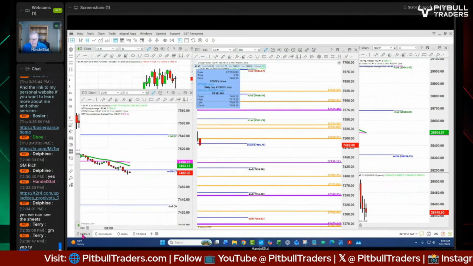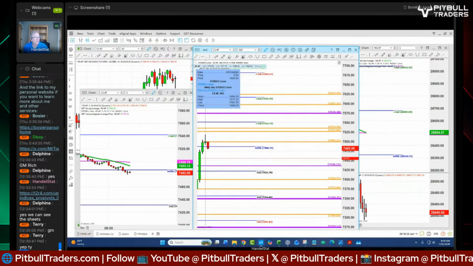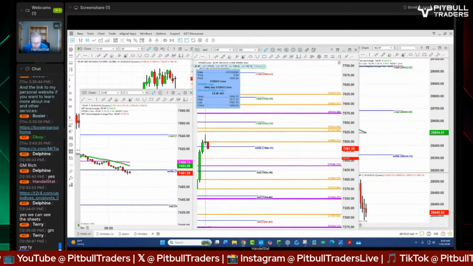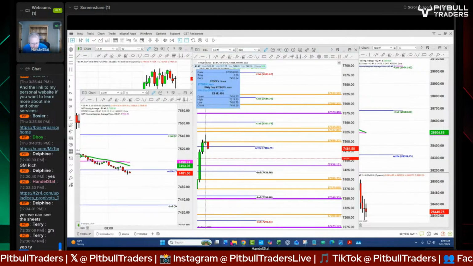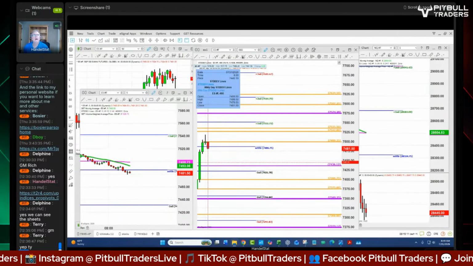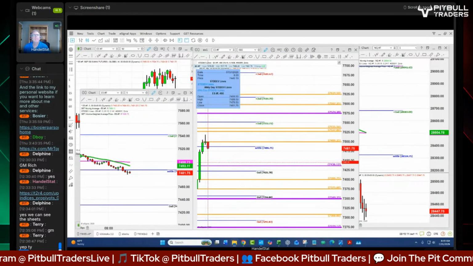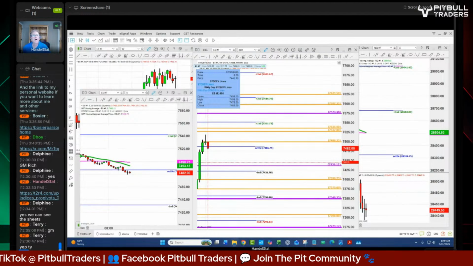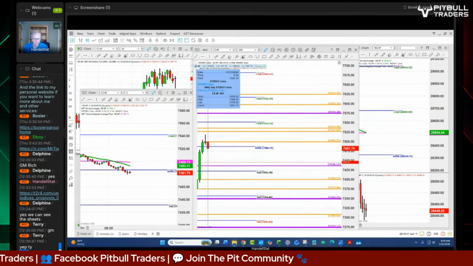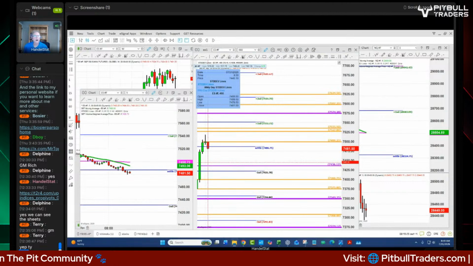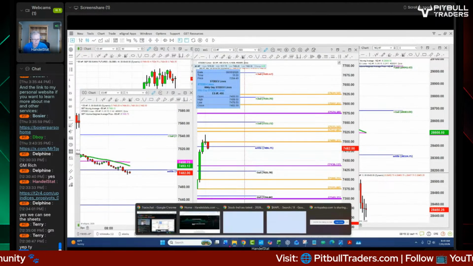Let's just see if we can get these gap stats going. Local morning gap. Where is that?